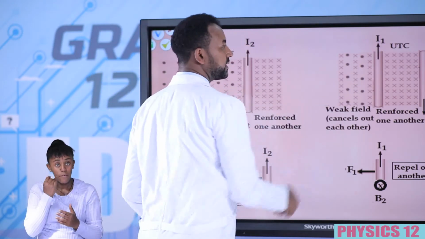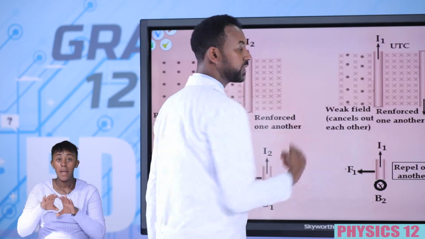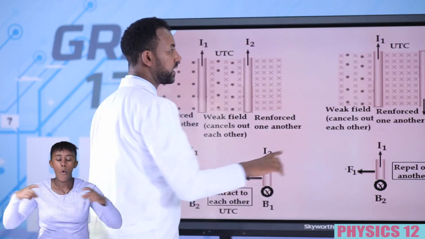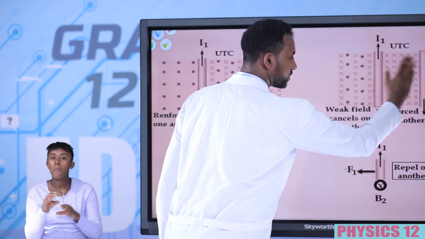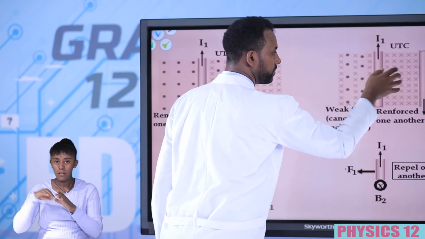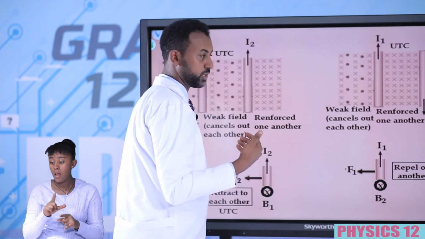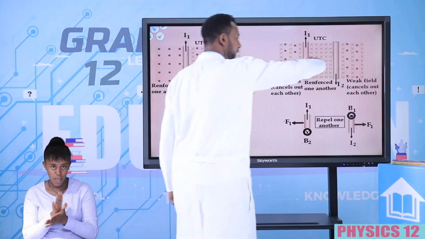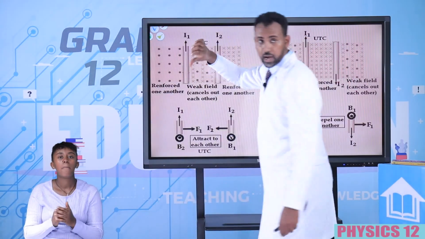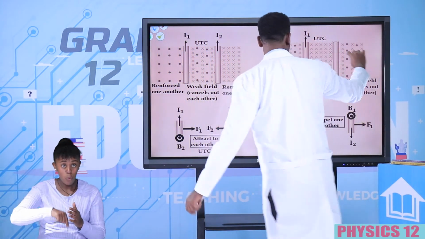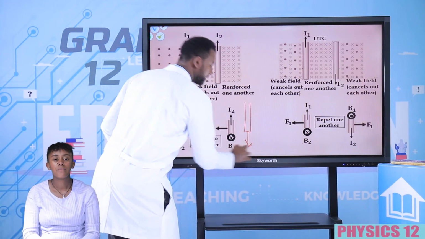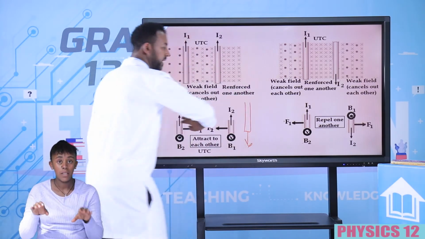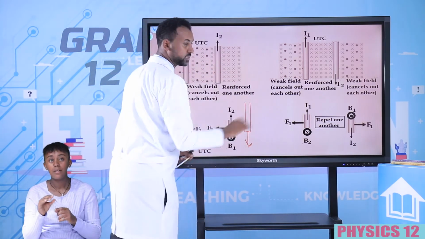If we take straight current carrying conductors which carry opposite currents, the current I1 produces a magnetic field to the right side into the page, and to the left side out of the page. This other wire carries a current downward, so the right and left sides are changed.